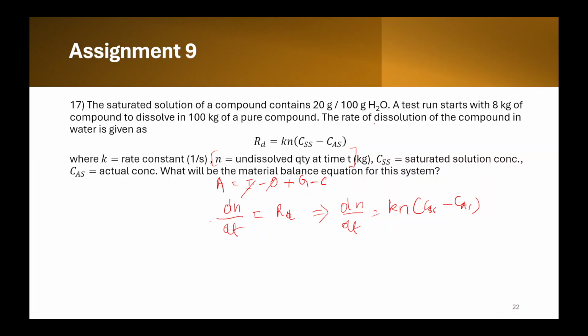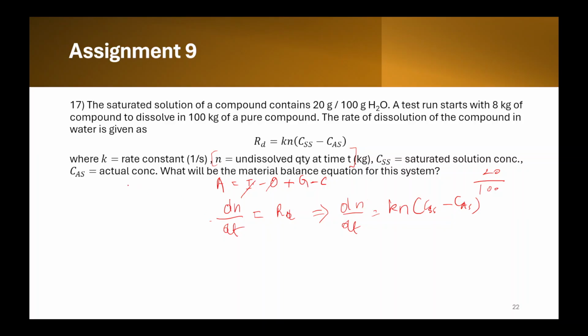So this is the concentration given here, that will be 20 by 100. What will be the CAS? Actual concentration. So we know this is the saturated solution compound. If in 100 units of water you add 20 units of the compound, it gets saturated. This is the saturated concentration.